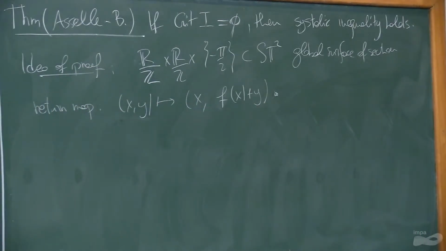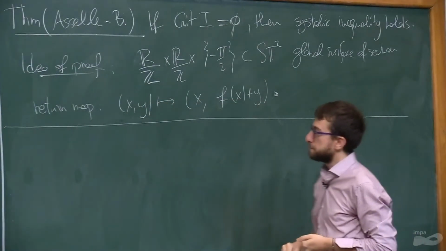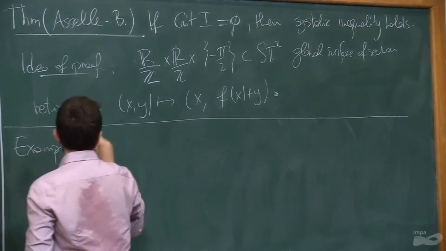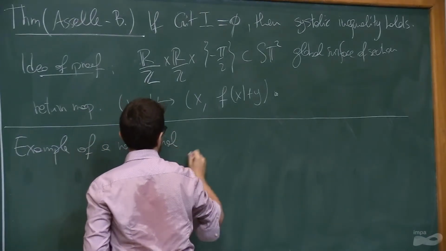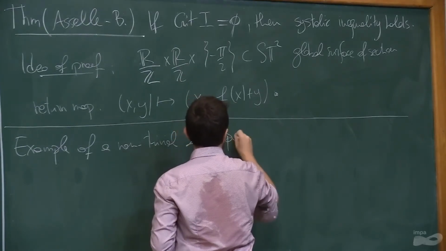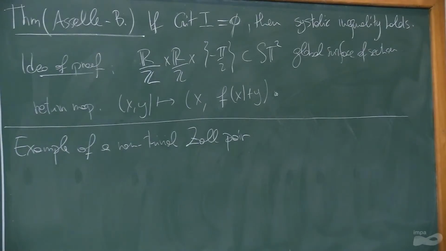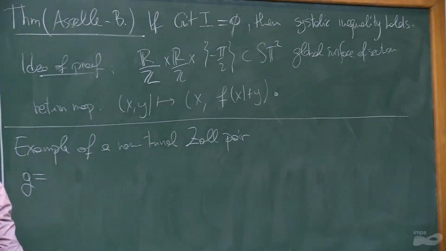So in the last 13 minutes, let me give you an example of a Zoll pair, which is not trivial. So here we have an example of a non-trivial Zoll pair. The idea is also to work with symmetric systems, but we will restrict our systems even further.